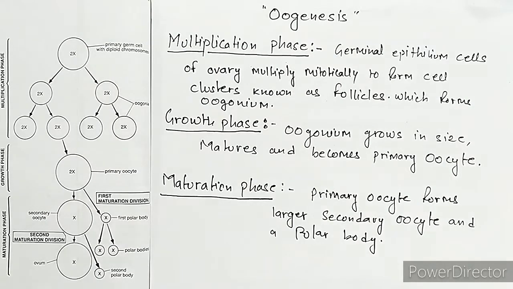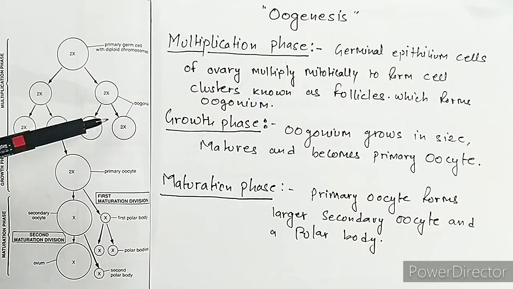So starting from the beginning, the primary germ cells with diploid number of chromosomes go into a mitotic division, forming oogonia. Then they go into the growth phase, and the oogonia become a primary oocyte which is larger in size, which goes into the maturation phase, the first meiotic division, where it forms a secondary oocyte which is a larger body and a smaller body which is the first polar body.